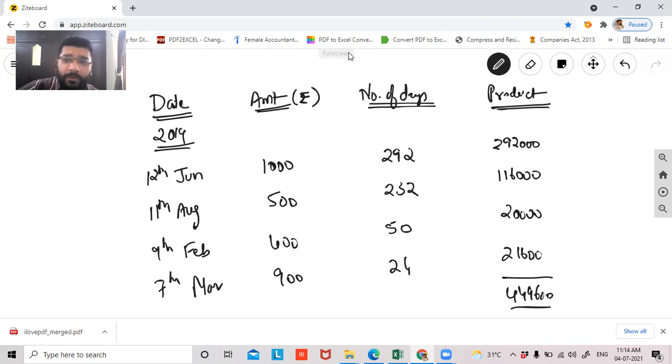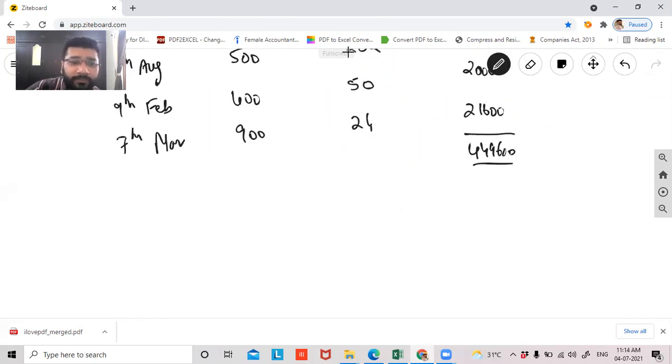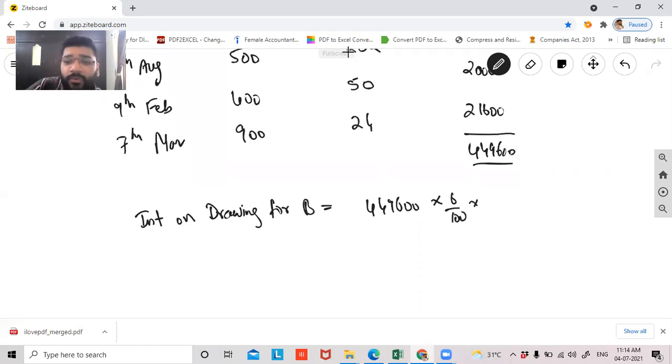So let's apply the formula. Interest on drawing for B is equal to total product, which is 4,49,600 into 6 by 100 into 1 by 365, guys. You have to be very, very careful here, because you have not taken months, we have taken days.